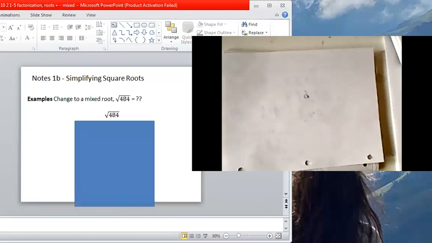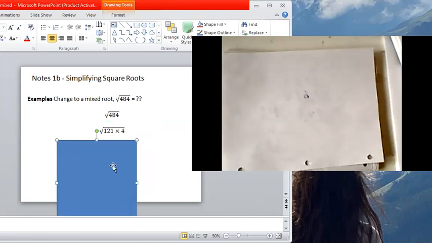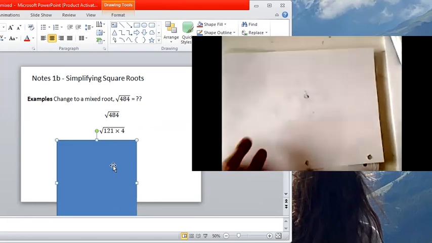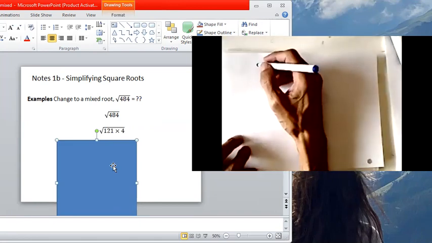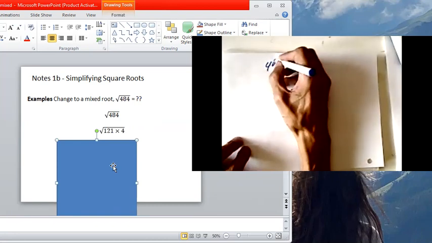Similar in style, but a little bit bigger. Don't panic. You might have to do the prime factorization for this. That's what you can do if you're not sure. But you can get that 121 showing up, which is kind of obvious.